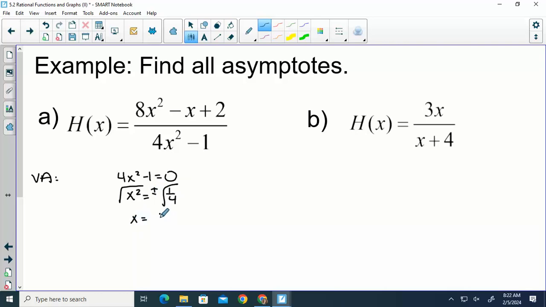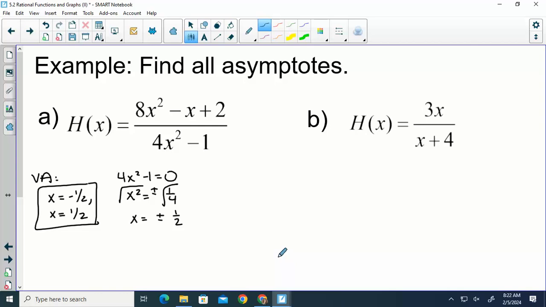So x is positive or negative the square root of 1/4, which is 1/2. So we get two vertical asymptotes. X equals negative 1/2. X equals positive 1/2. You have to have the x equals because those are lines. So this would be a graph with two dashed lines.